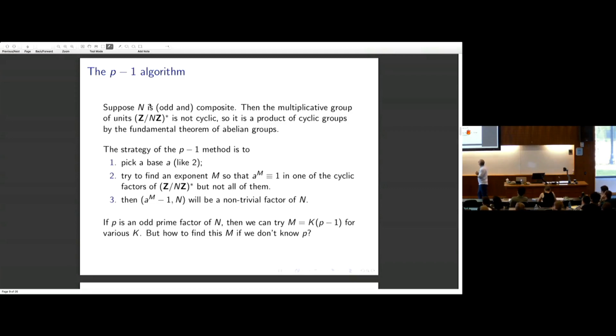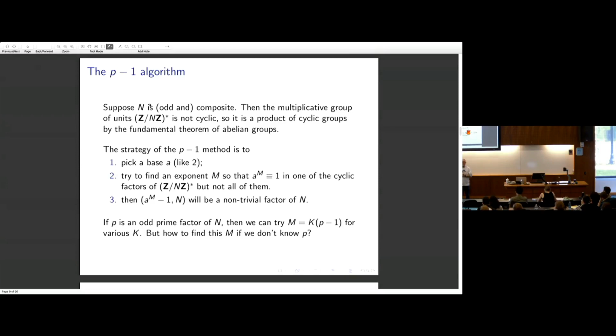What we do is we pick a base a, and we try to find an exponent m with the property that a to the m is going to be 1 modulo one of the factors, but not the other.